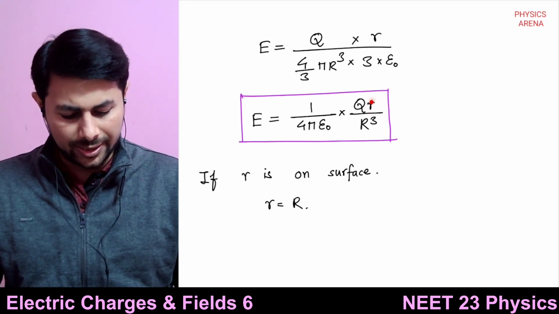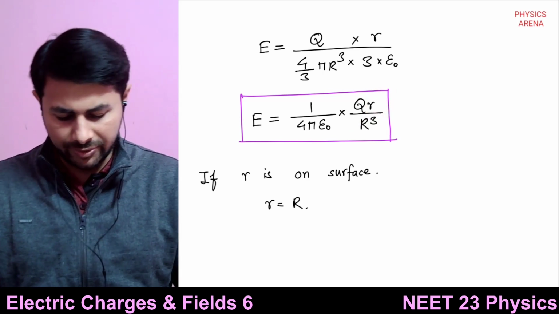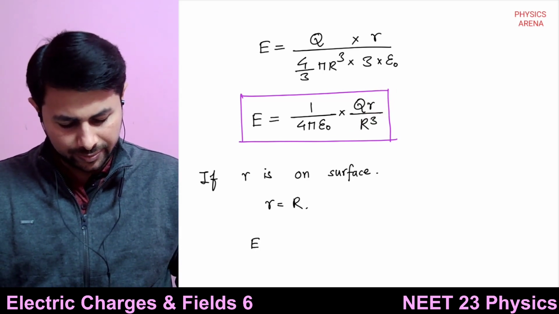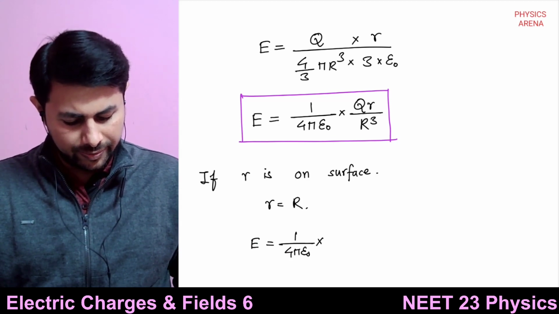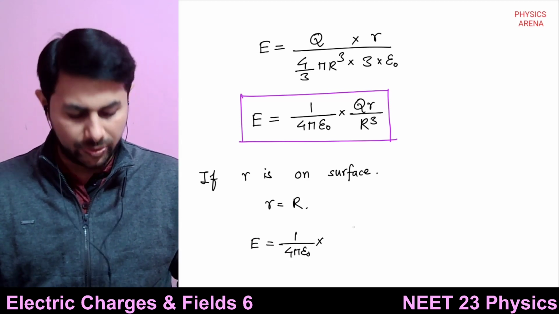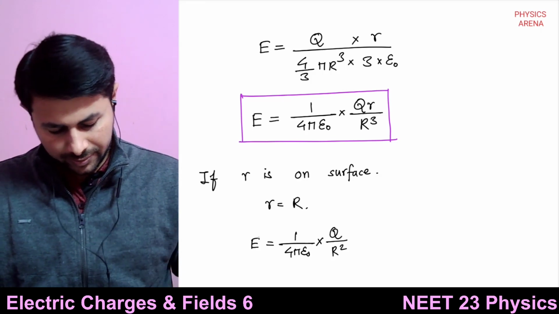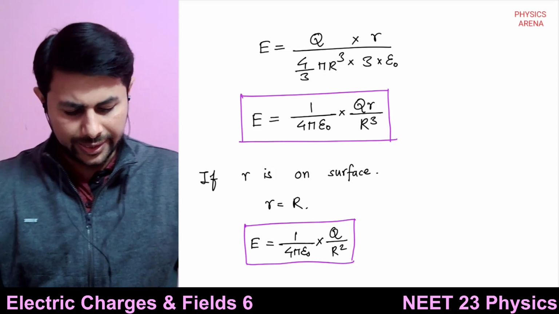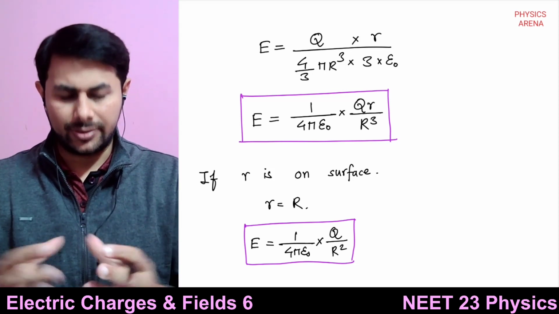R will divide R cube and R square will remain in the denominator. So for a point on the sphere, the electric field is 1 upon 4 pi epsilon naught q divided by R square only. Then next is a point outside the sphere.